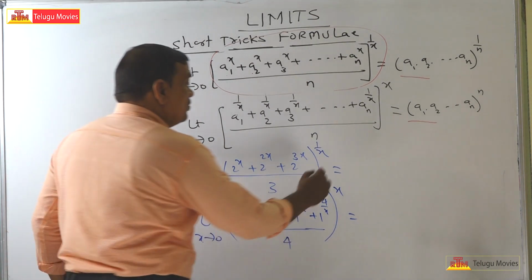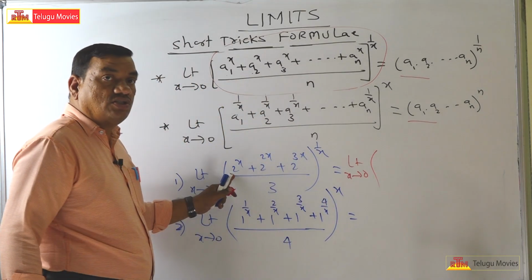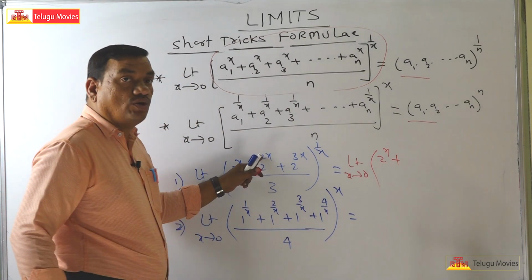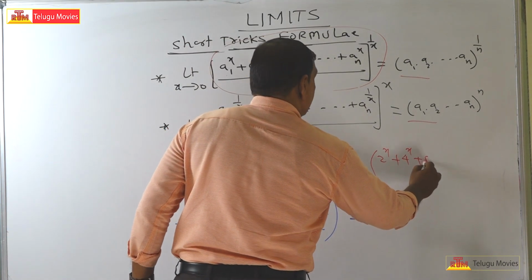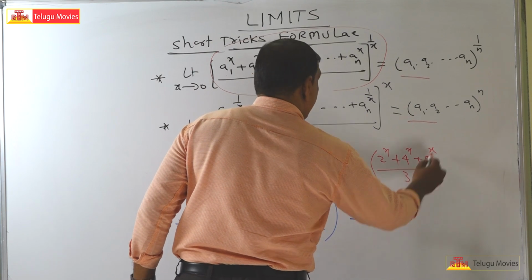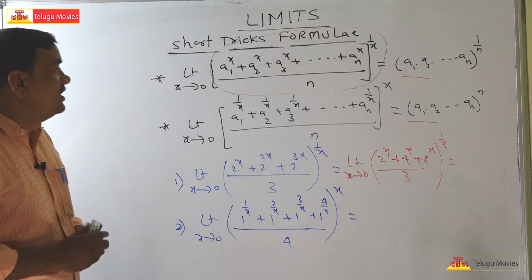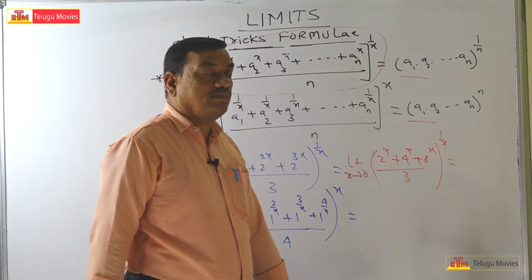I will convert it like this for your understanding. Otherwise you can write it down directly. This is 2 power x. 2 power 2x means 4 power x. This is 8 power x, by 3, whole power 1 by x. Understand this? Now see here, x is there.